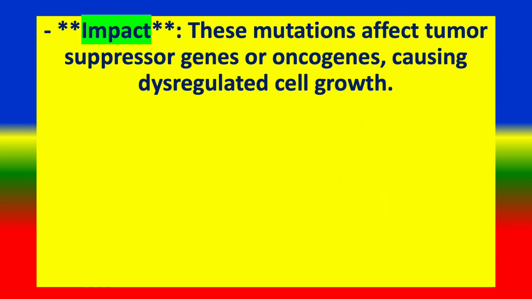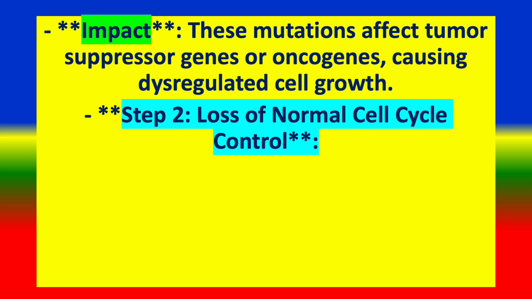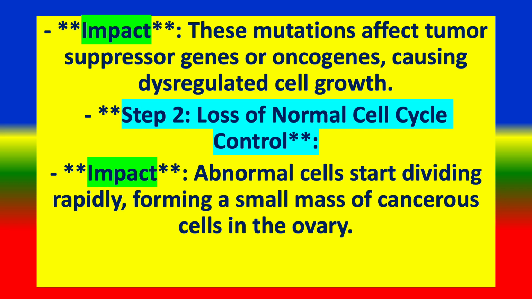These mutations affect tumor suppressor genes, causing dysregulated cell growth. Step 2. Loss of normal cell cycle control. Impact. Abnormal cells start dividing rapidly, forming a small mass of cancerous cells in the ovary.